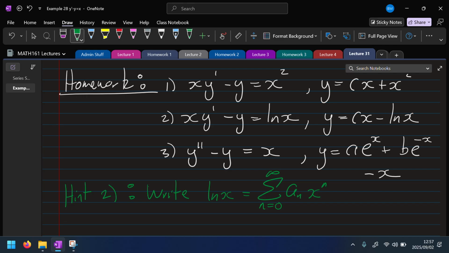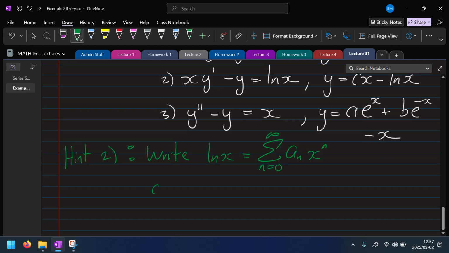The right-hand side will be a series now. And then you can compare the coefficients. So before, that right-hand side would have been 0, so all the coefficients are 0. But if that right-hand side is non-zero, then you need to compare the coefficients of the two series.